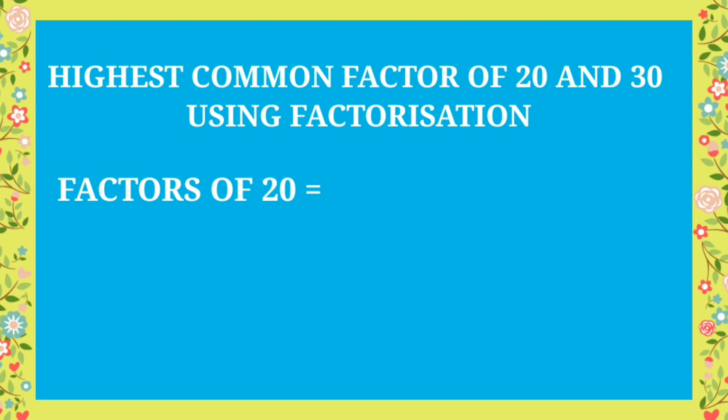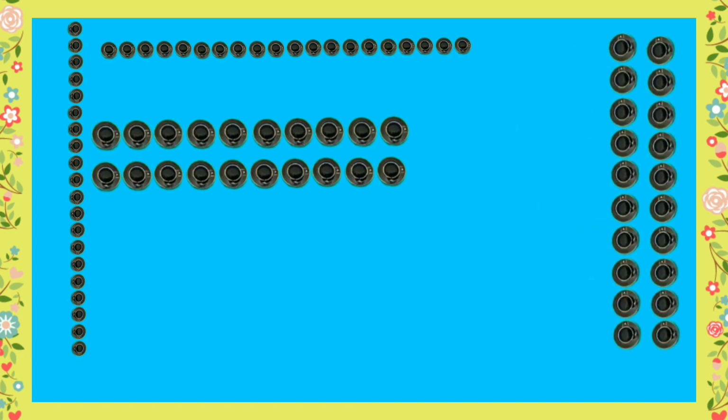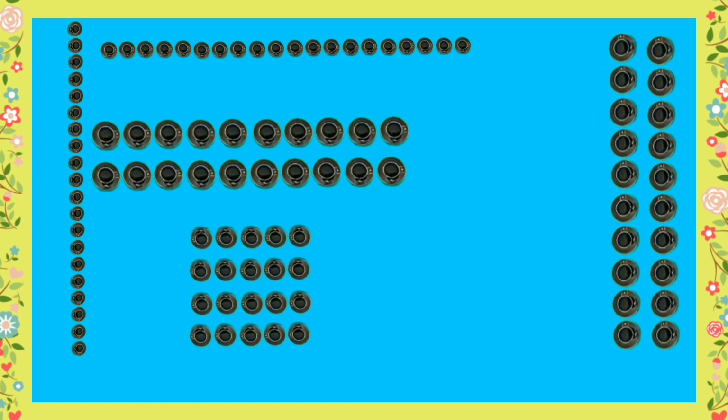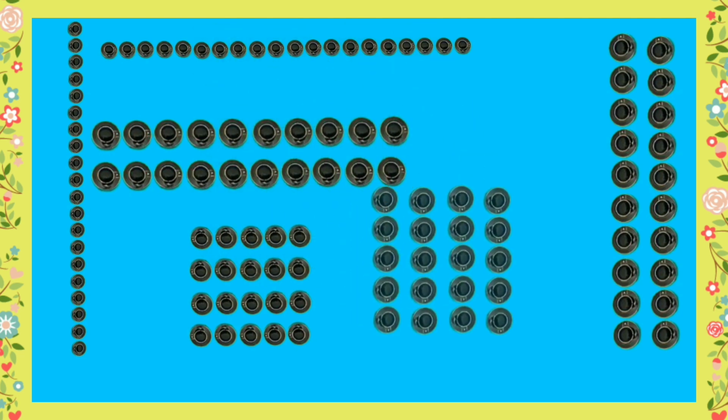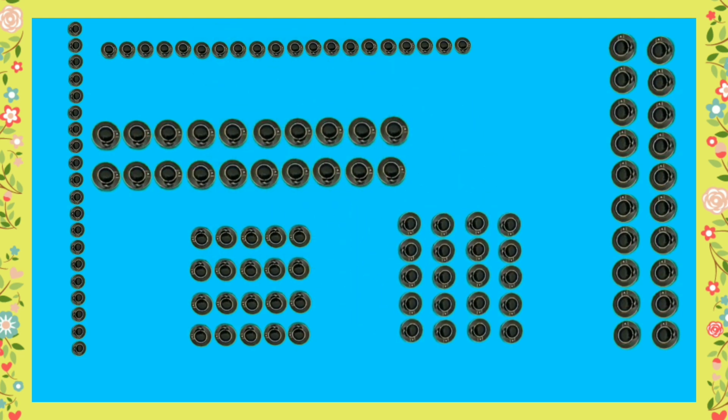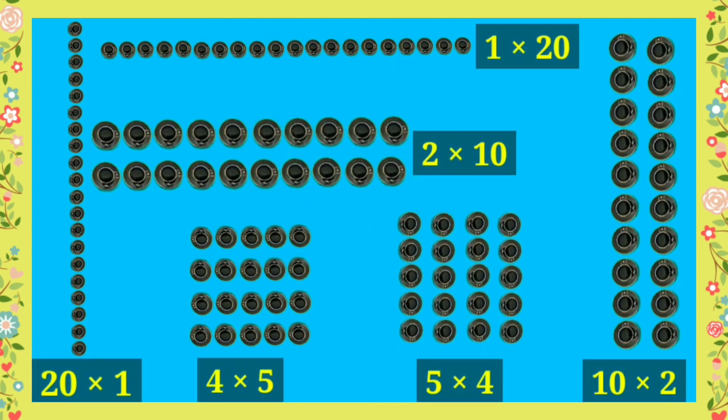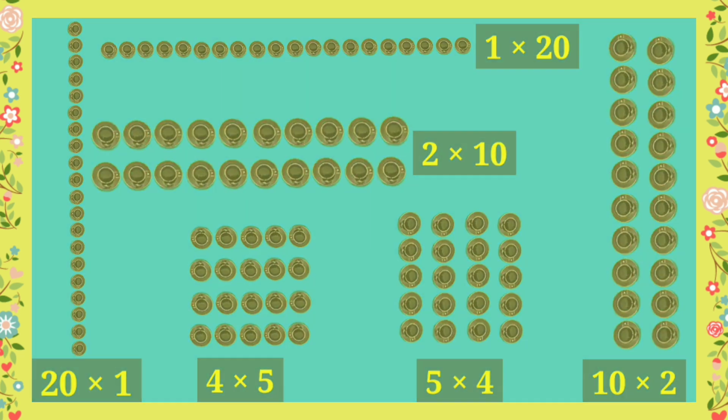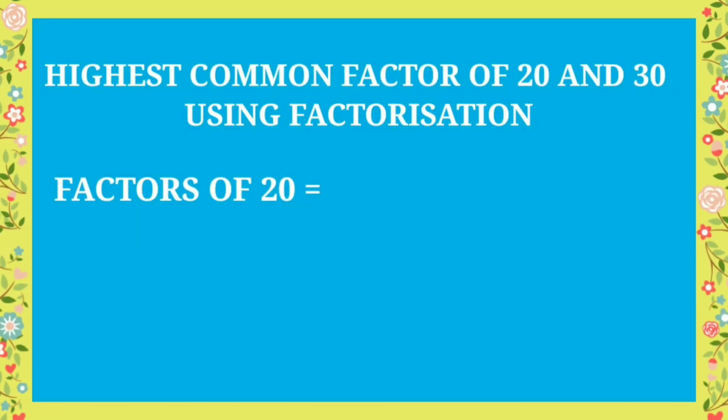So in this case, for 20 buttons, we can have 20 rows of 1 button, 1 row of 20 buttons, 2 rows of 10 buttons, 10 rows of 2 buttons, 4 rows of 5 buttons, 5 rows of 4 buttons. And this way we get the factors of 20. So students, factors of 20 are 1, 2, 4, 5, 10 and 20.